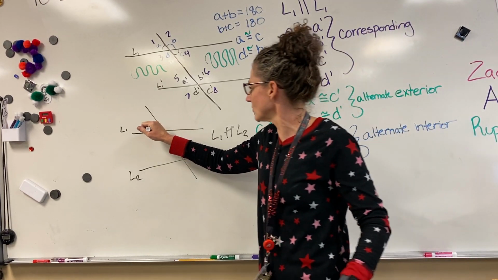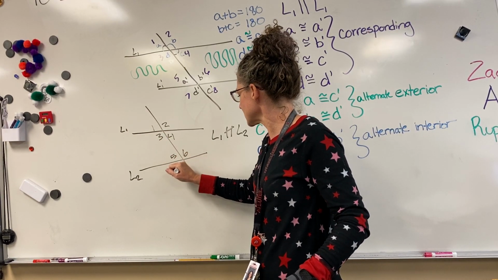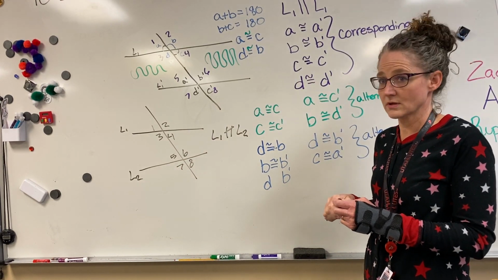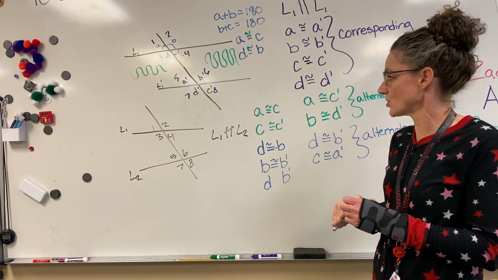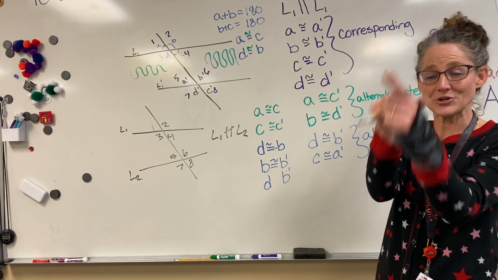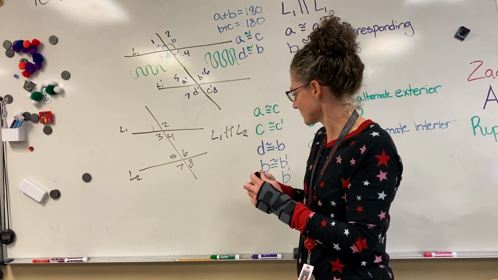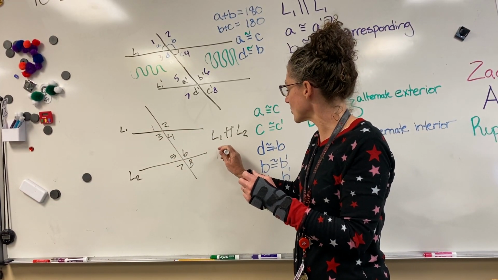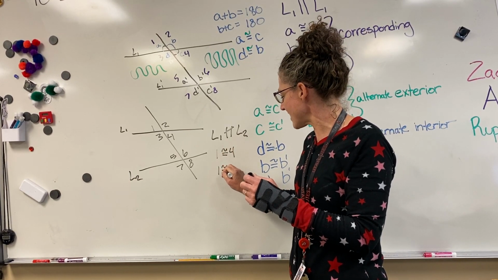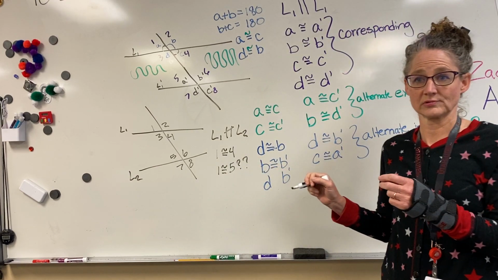I'm going to label them. 1, 2, 3, 4, 5, 6, 7, 8. 1 is congruent to 4. They're vertical angles. They're congruent. They're not corresponding. 1 is corresponding to 5. So we know that we have the vertical angles still. Is 1 congruent to 5, if it's not parallel?